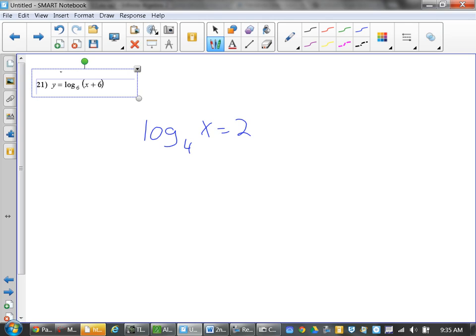How do you undo a log base 4? You have to remember the properties of logarithms. If you have a log base 4, you exponentiate it. So these are the same bases, which gives you x equals 4 squared, so it's 16.